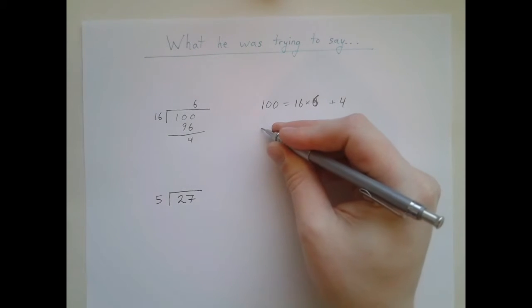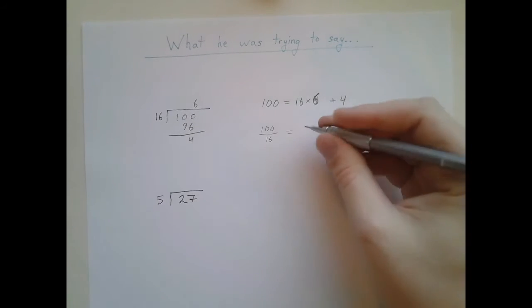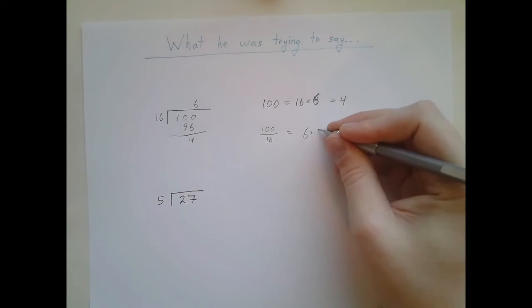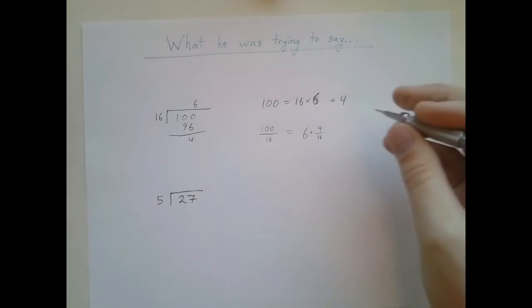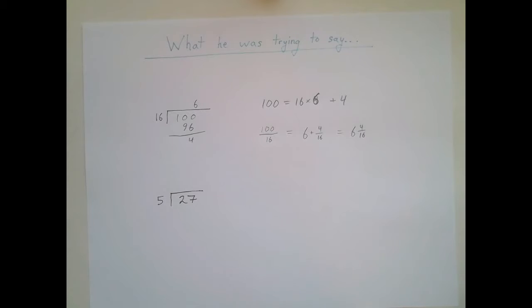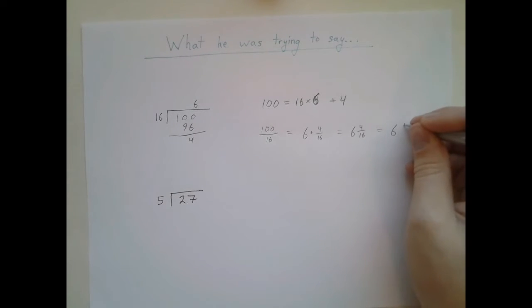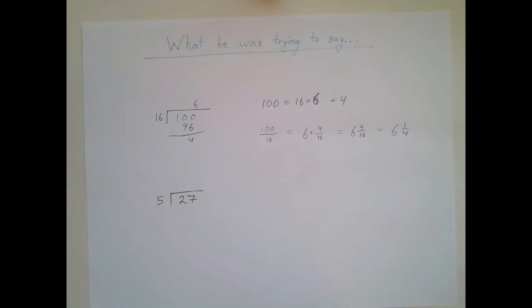Or to write it with division, 100 divided by 16 equals 6 plus 4 sixteenths, or you could just put 6 and 4 sixteenths. And of course that could reduce to 6 and 1 fourth.